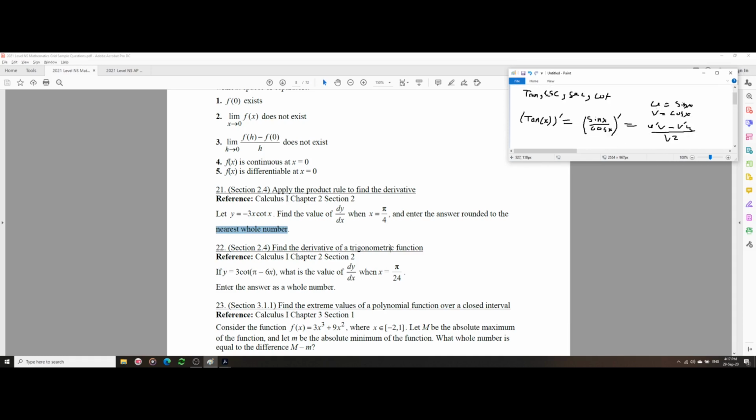So u prime, u is sine x, derivative of that is cosine x, times another cosine x. I don't need to put parentheses actually, because parentheses make confusion, so I'm just going to leave it like this. So cosine x minus derivative of cosine, which is v, you get minus sine. Wait, I just said minus sine, right?